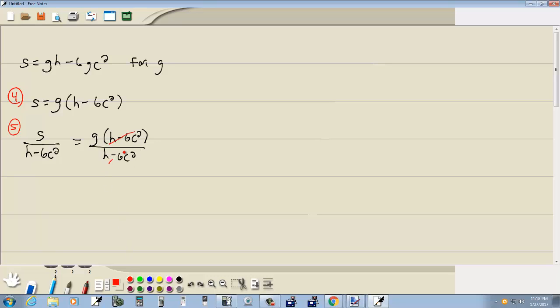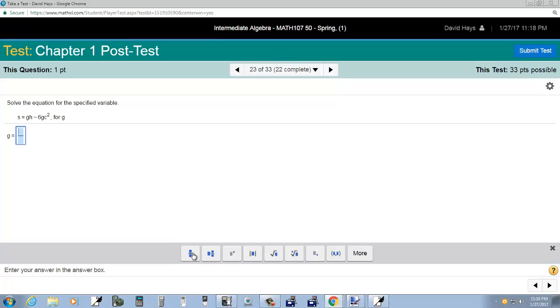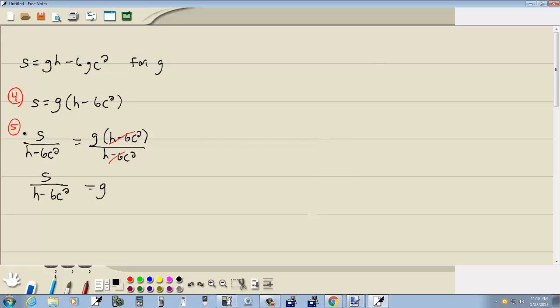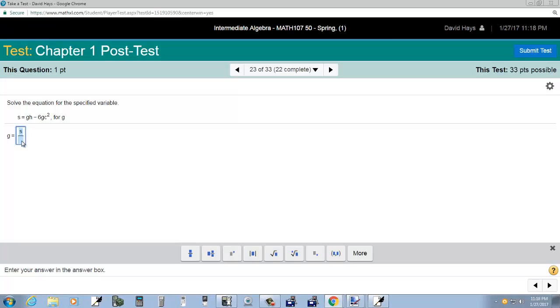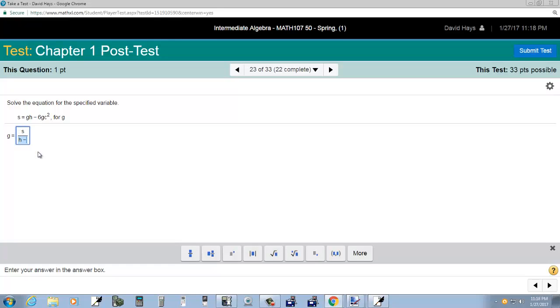So then those cancel. And we get G is equal to S over H minus 6C squared. I need a fraction. What goes up on top? S. And then the bottom we got H minus 6C squared.